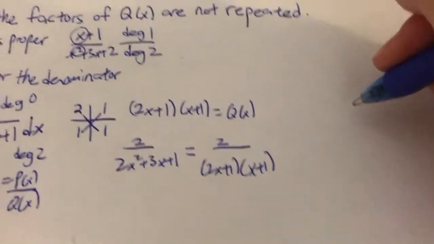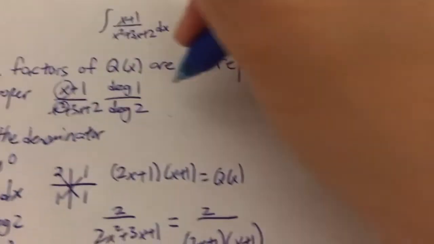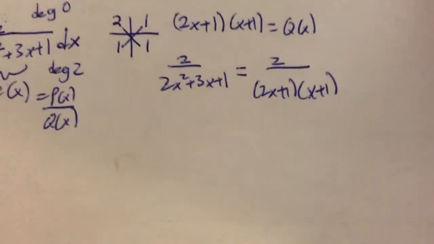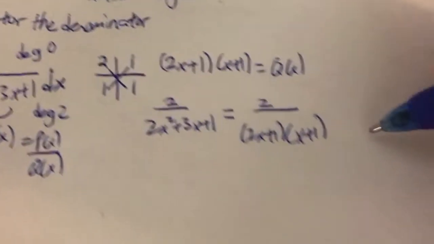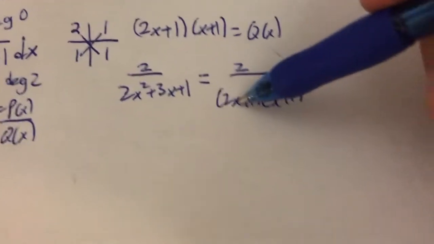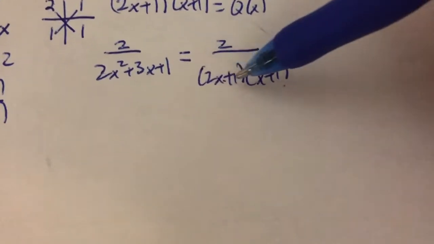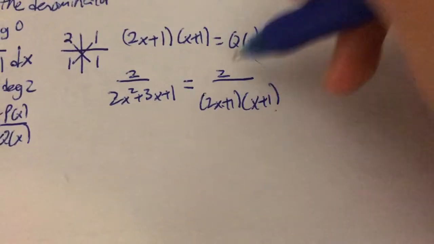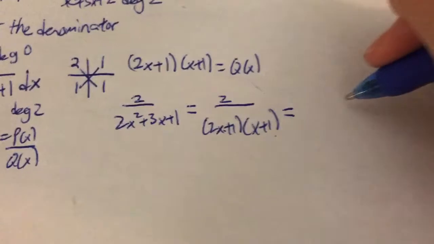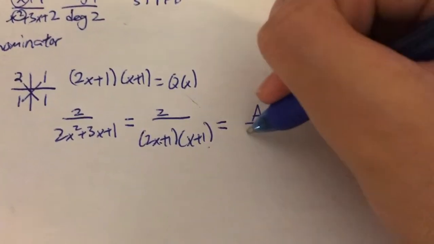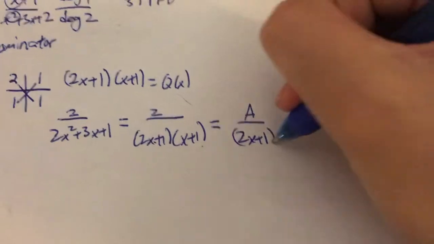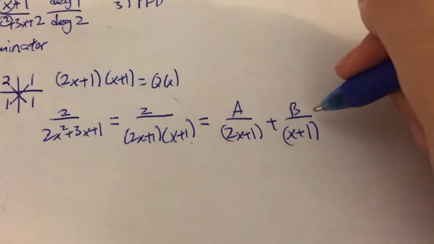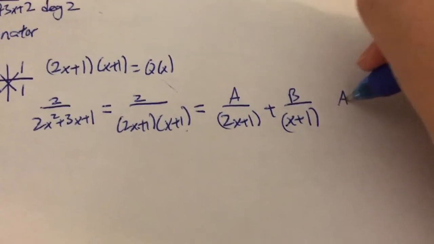Okay. The next step we have to do, which is actually a little bit trickier, is to apply the PFD theory. In this occasion, the PFD theory basically says that when you have this and the denominator factors are not equal to one another, they're not repeated, we can change this and give you this formula right here, where we have a over 2x plus 1 plus b over x plus 1, where a and b are just some constants that we don't know.